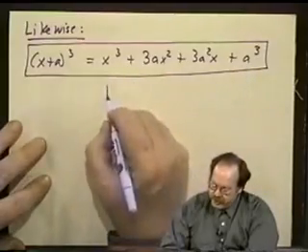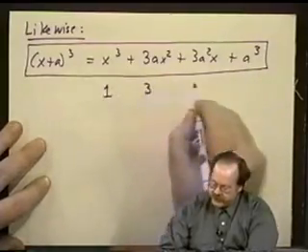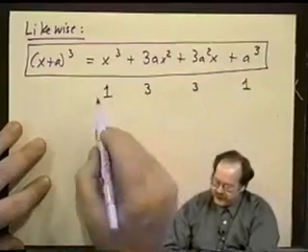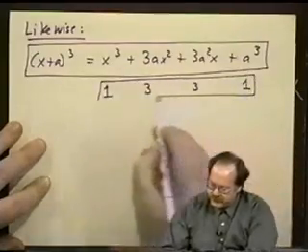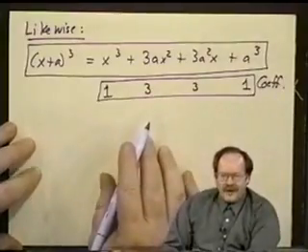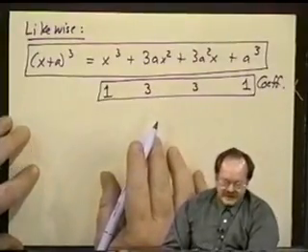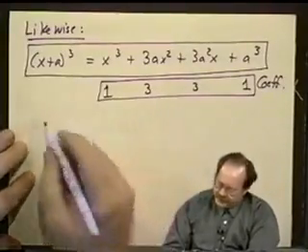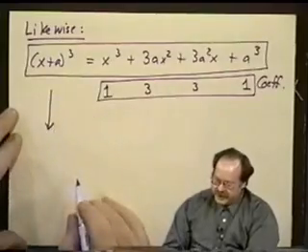Now, you may not know why the coefficients are correct. They are 1, 3, 3, 1 here. Let me mark them one more time. Call them coefficients. But I assure you they are, and there's a pattern here that at some point in the course you can actually discuss.